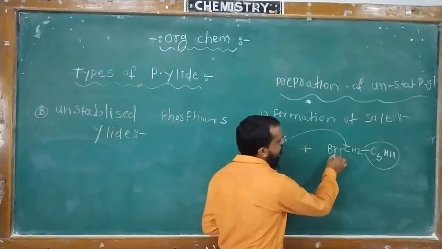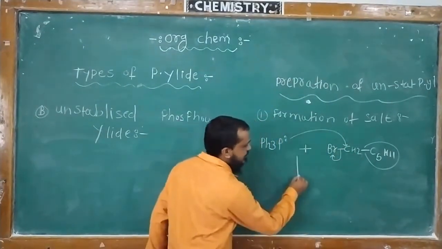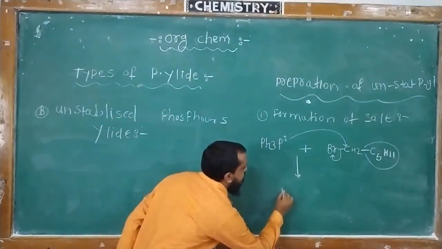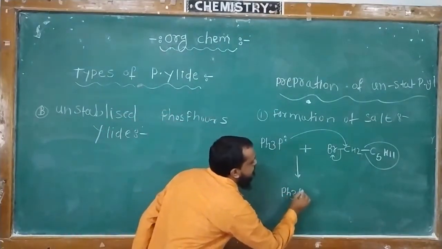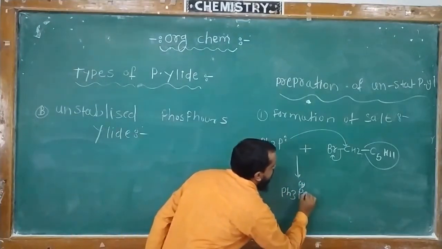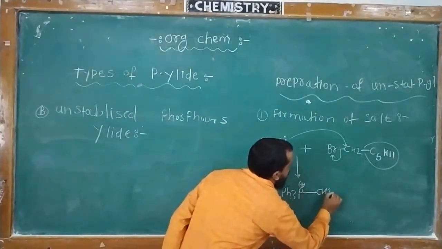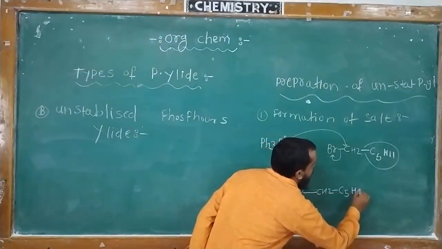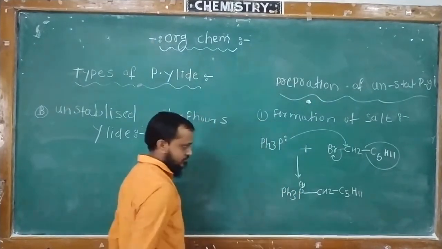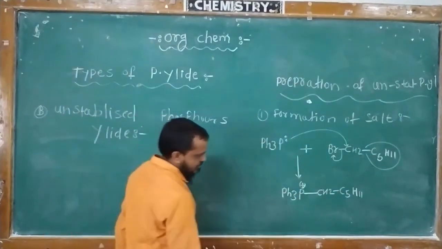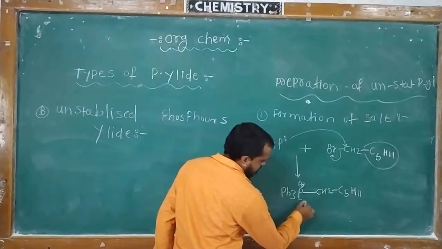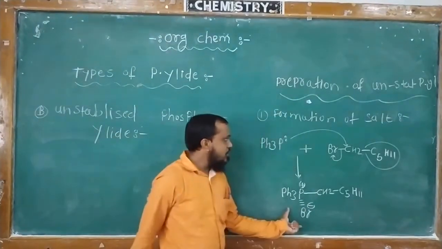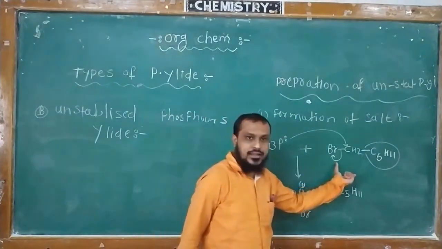Simultaneously the bromine will be removed here and we will get the intermediate product, a salt, like that: PPh3, P positive, single bond CH2C5H11. This is the corresponding salt of triphenylphosphine and alkyl halide.